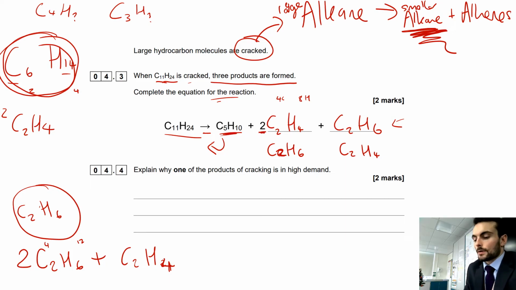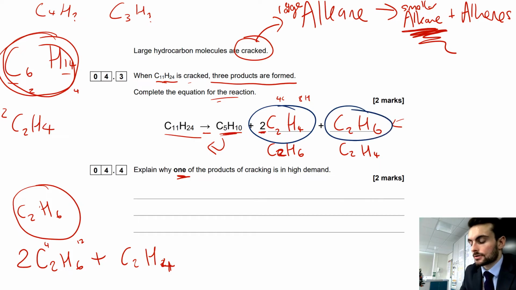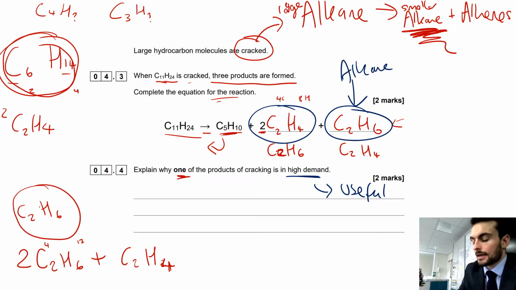Next one: explain why one of the products of cracking is in high demand. It's asking you to specify one of the products that is in high demand, which usually means it's more useful. So you pick one. If we talk about this one, it's a short chain alkane.